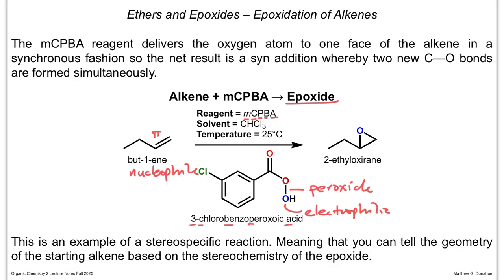And the way that it happens is at the same time. So in the plane of that alkene, the oxygen comes from one face, and those two bonds form at the same time. So that's a syn and then synchronous.